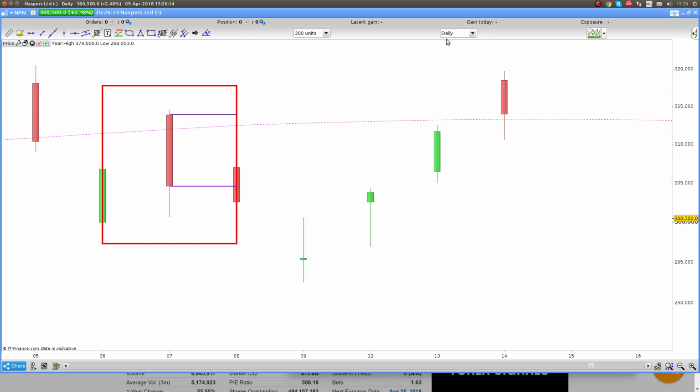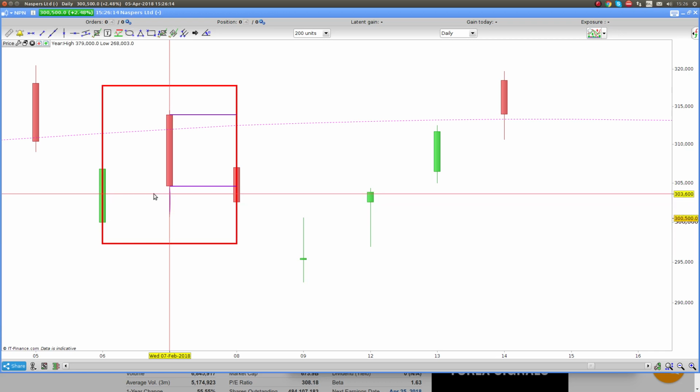And I'm looking at a daily time frame. So on the daily time frame, we opened here and then we moved down through the day and we closed here.